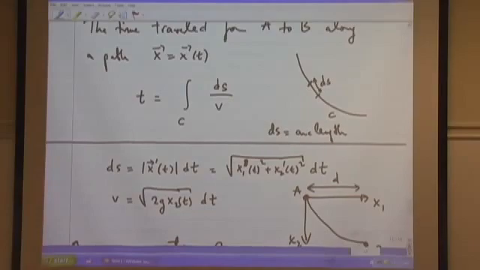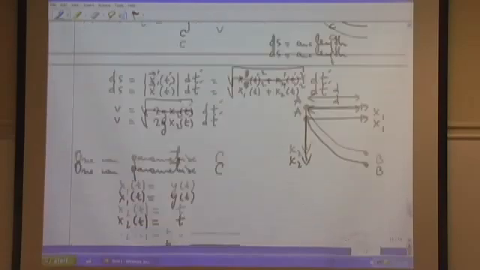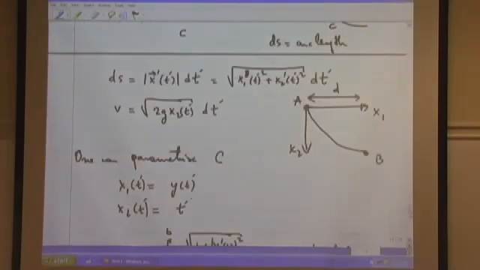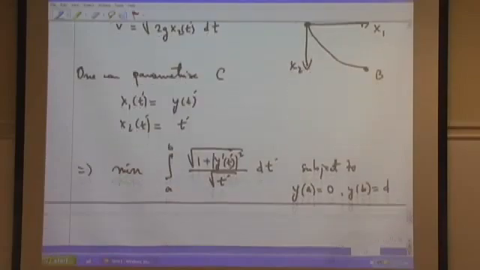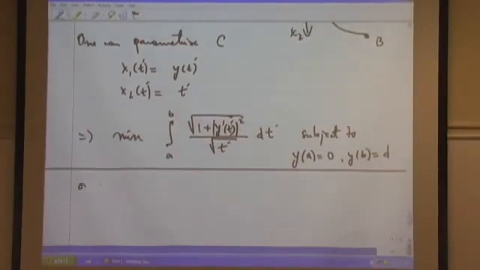So let me put a t prime everywhere. So this is really along the renaming t prime equals x. So that's the vertical coordinate, or the height.